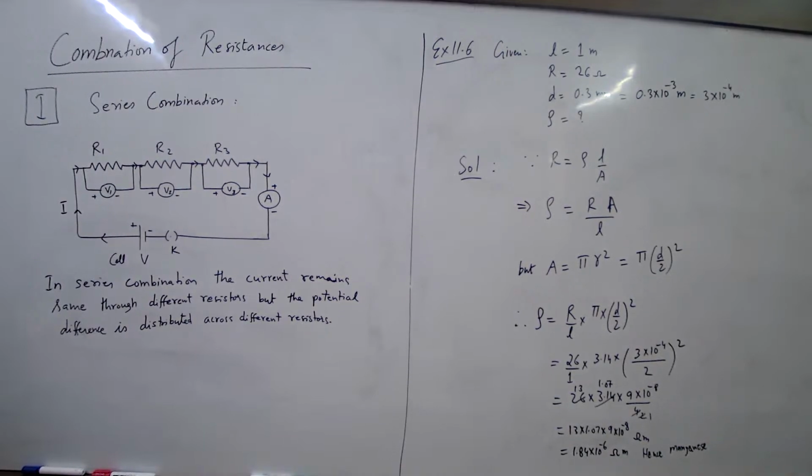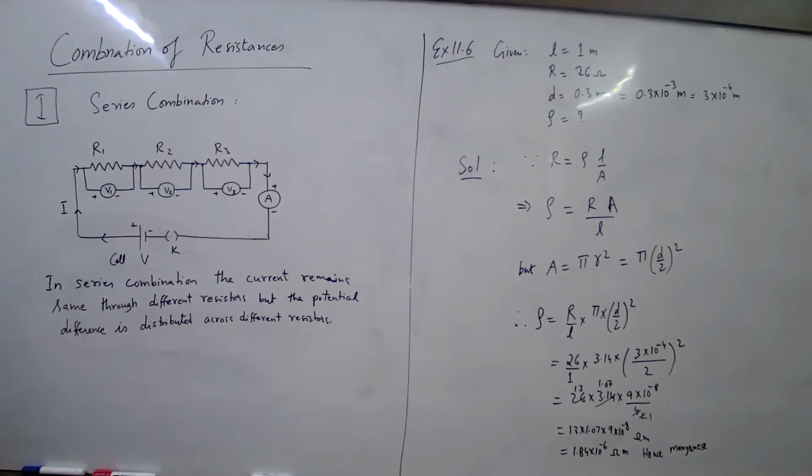So what did I say? Potential difference applied: what is happening there? The potential applied in the cell is V. And what is V doing? V is actually making the charges move through the circuit. All the charges are flowing through R1, R2 and R3.